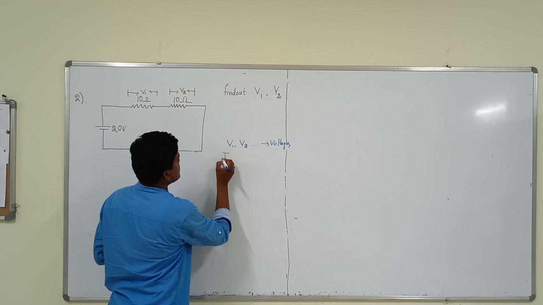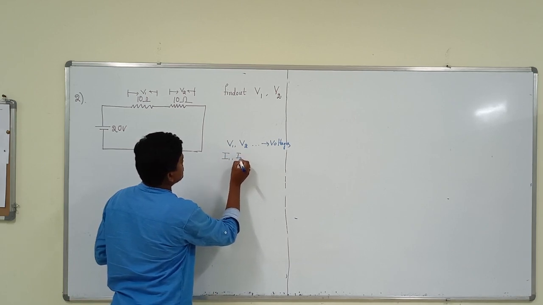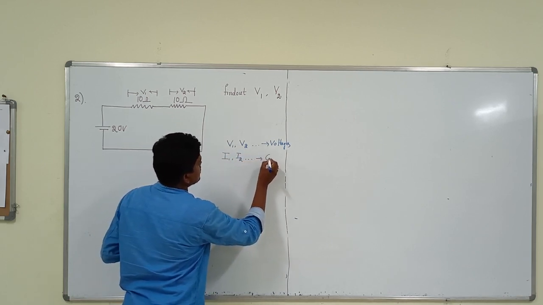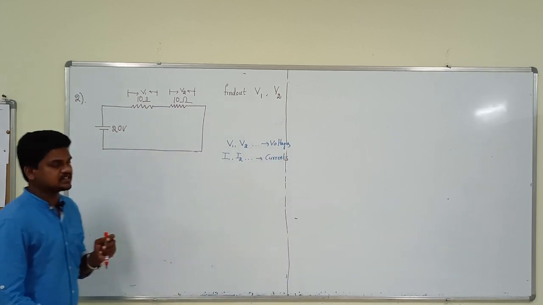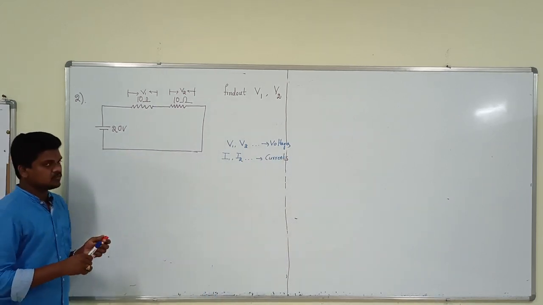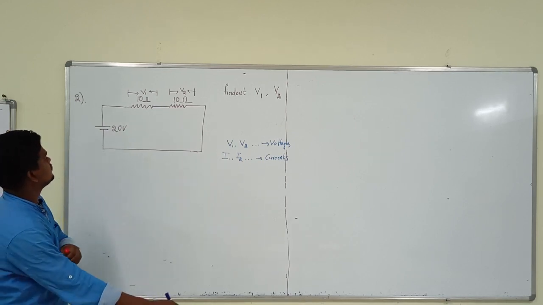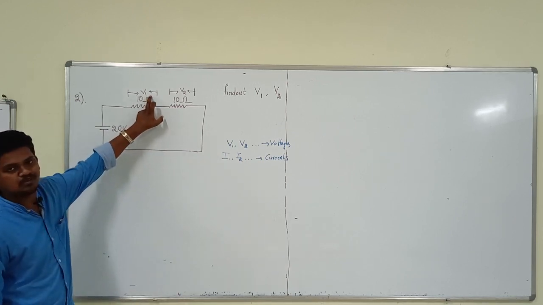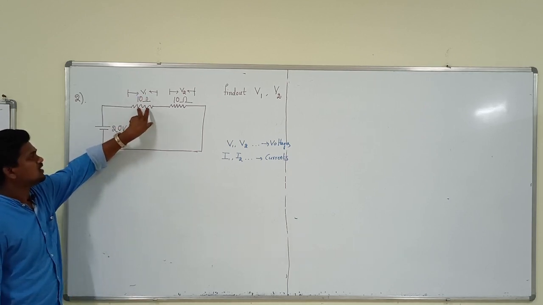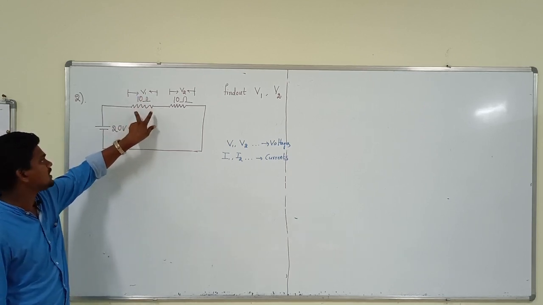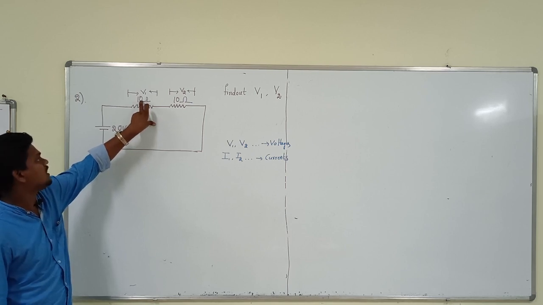If he mentions currents I1, I2 like that, he is asking to find the currents, because these are the symbols. So we will find it by the normal method. In order to find the voltage here, what is our requirement? We require the current passing through this, and we already have the resistor.